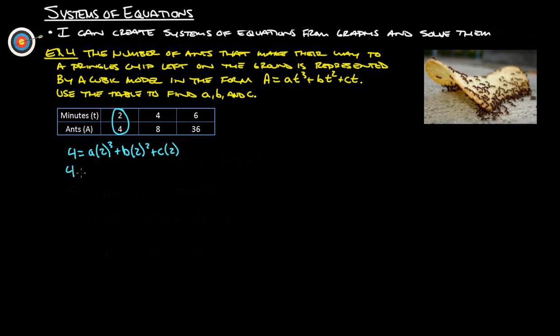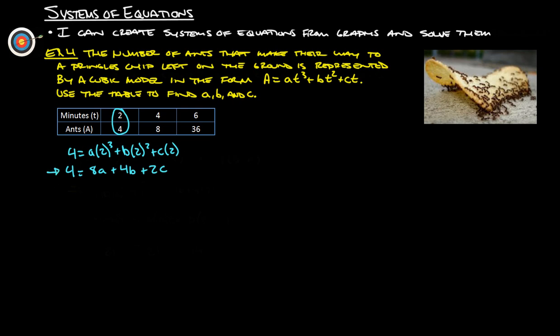So if we simplify that out, we get 4 equals 2 cubed is 8a, 2 squared is 4, so plus 4b, and then we have plus 2c. So that's one equation here.